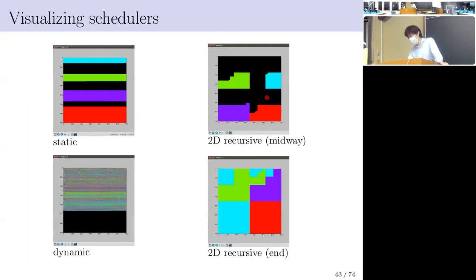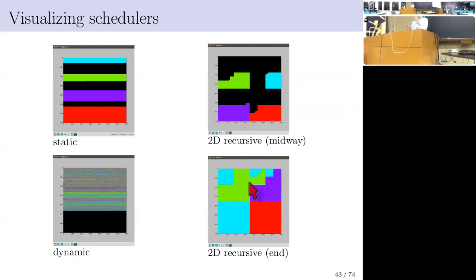So let's imagine that this is the matrix, right? And you can divide the entire matrix each time with this 2x2 decomposition. So you are not only dividing the work into rows.